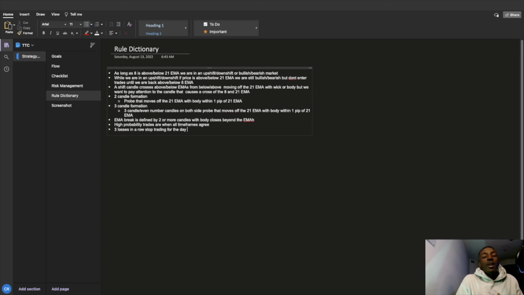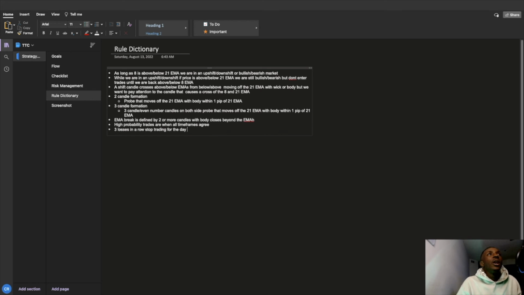For me, I didn't really care if we were above it with the close or a wick. I just wanted us to be above that. And obviously we needed to close. That's one of those basic trading tenets that I don't have to put in my strategies anymore. I always operate from the close. I'm not going to operate from the open, that kind of stuff. But again, this is the rule dictionary.